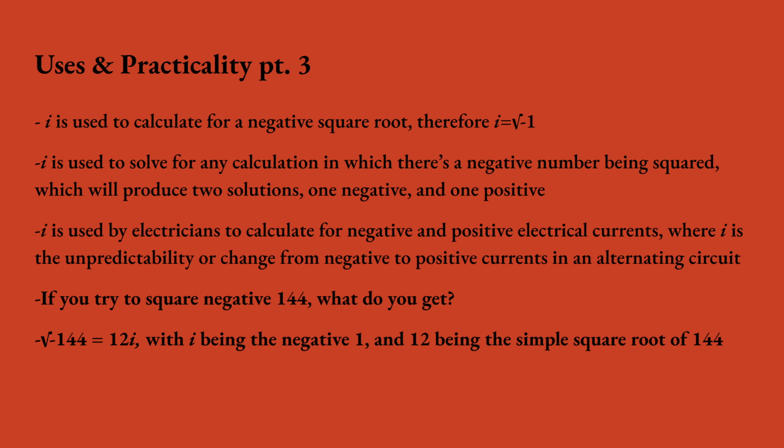So you would have, say, a circuit that's giving out 14 watts, but it's going to be giving out 14 watts in positive and negative charges depending on the circuit's configuration. So you would just write that as 14i, with i representing the switch to negative that would change that 14 wattage to a negative 14. And it's just that simple.